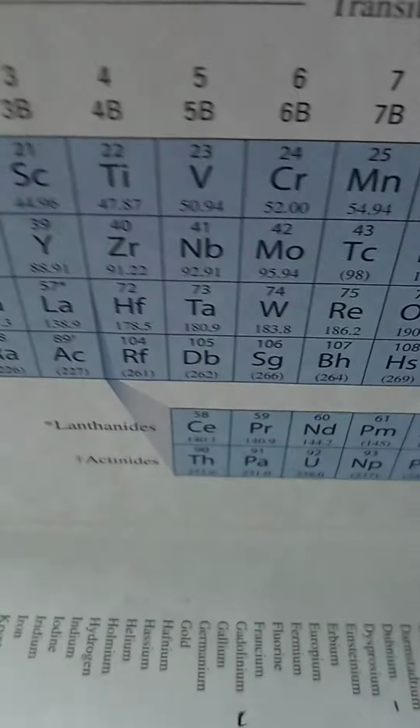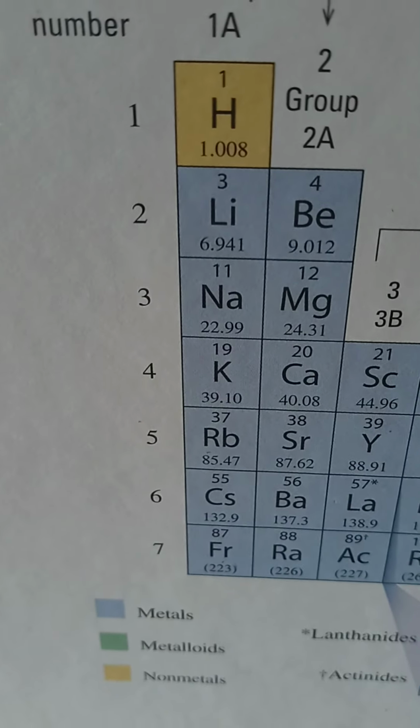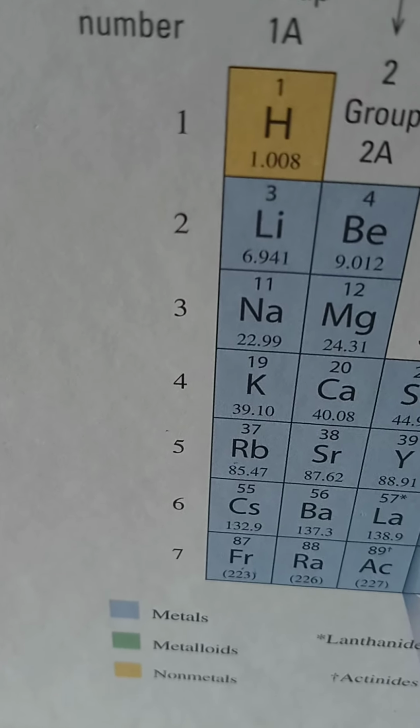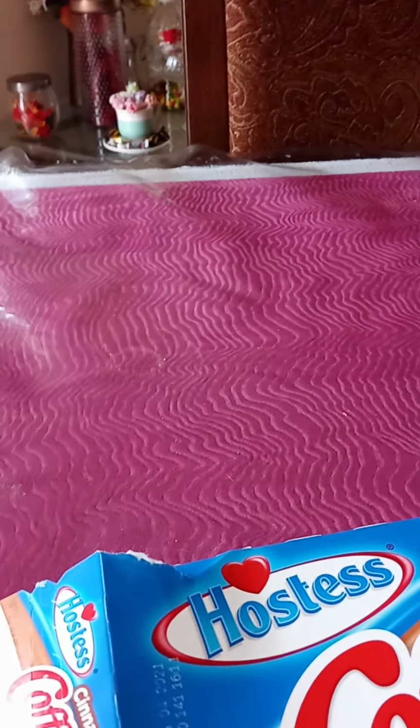Can I get it here? Let me see. You see right there? You see the H? And at the top of the H, you see a 1. Let me see if I can hold this up. Let me get this vase. Yeah, there we go.